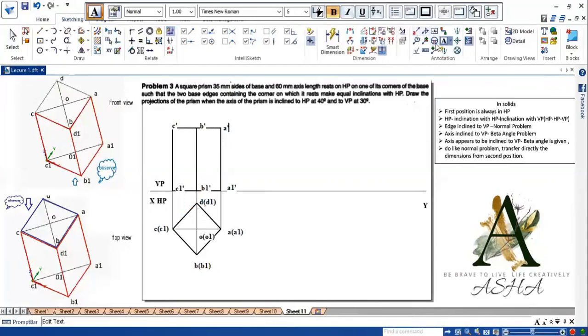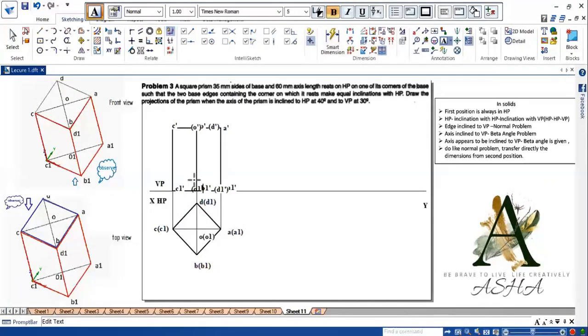D1 dash is hidden to me, then D dash. Similarly, O dash and O1 dash will be hidden to me.